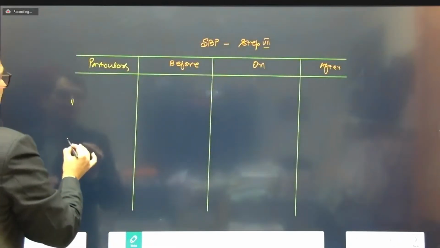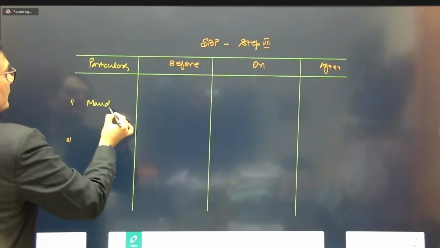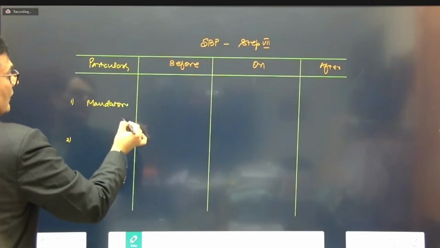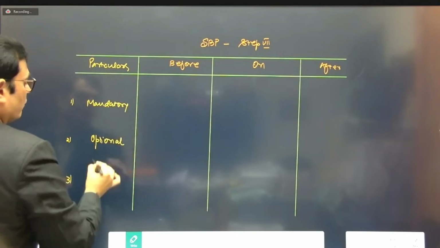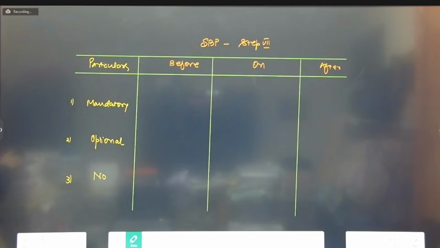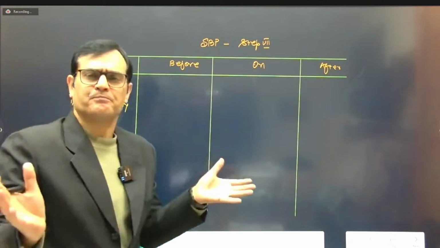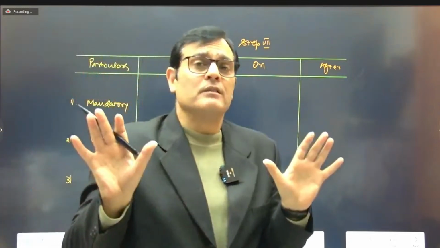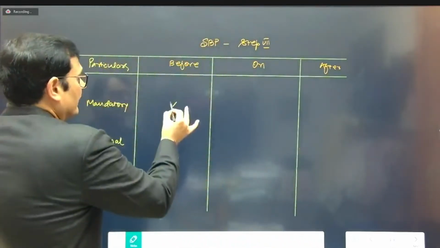So we've got 3 permutation combinations. One is a case of mandatory replacement. One is a case of an optional replacement. And one is a case of no replacement. So we're looking at the concept of mandatory, optional, and no replacement. Well, there is nothing to be done in any of these cases before the date of acquisition.